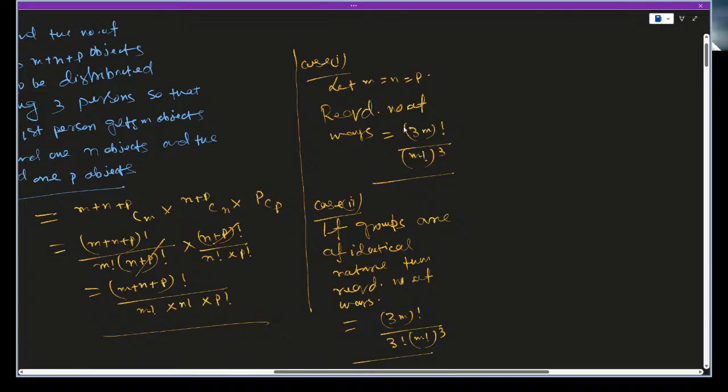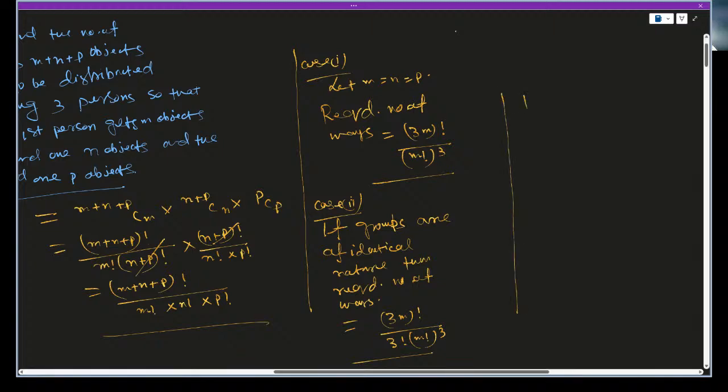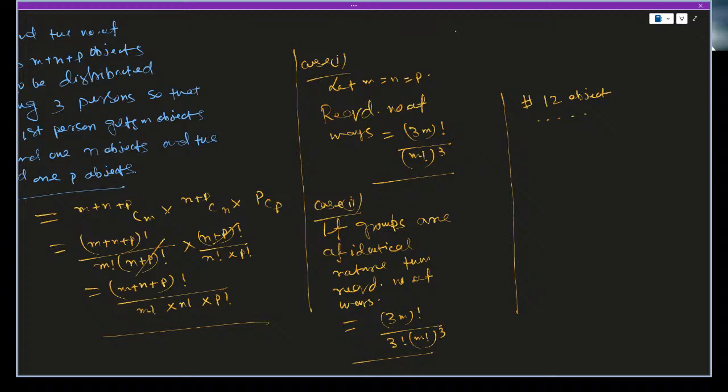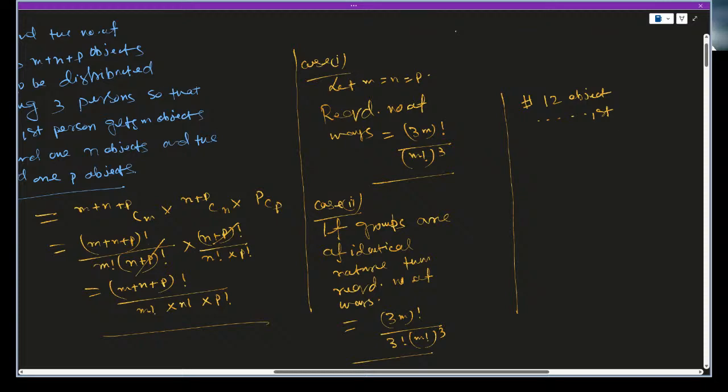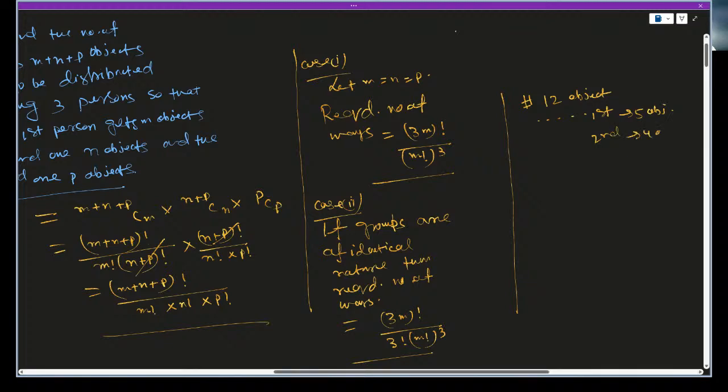For example, just a question: in how many ways can 12 objects be distributed among 3 persons or 3 groups, which are distinct obviously, so that the first one gets 5 objects, second one 4 objects, third one 3 objects?